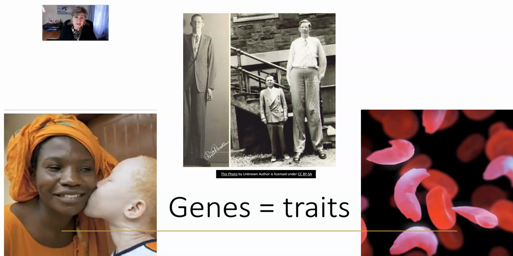So there's just different examples of how traits are inherited. And there are lots of other ways. There are so many different sex-linked disorders and conditions, incomplete dominance, etc. There are just lots of different ways that inheritance patterns occur.